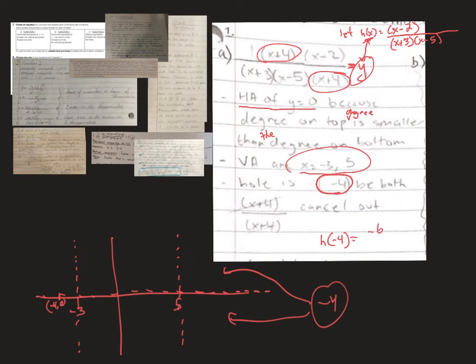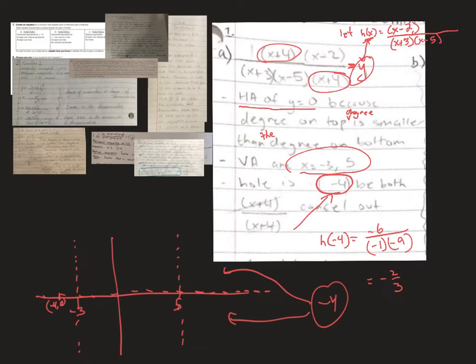So let's find h of -4. You got -6 over -4 plus 3 is -1. -4 minus 5 is -9. And so that's going to equal, this is going to be positive, so -2 thirds. And so, yeah, certainly the hole, we all knew it wasn't going to be at -4 because that's not even a thing. But it was going to be at -4 comma something.